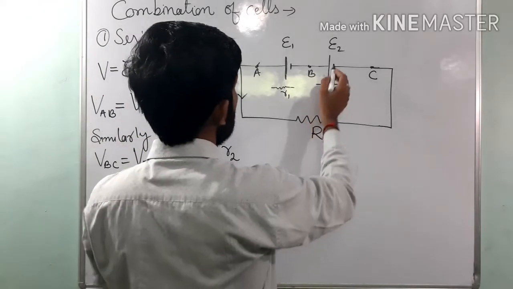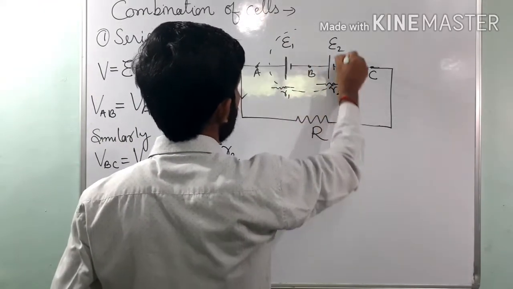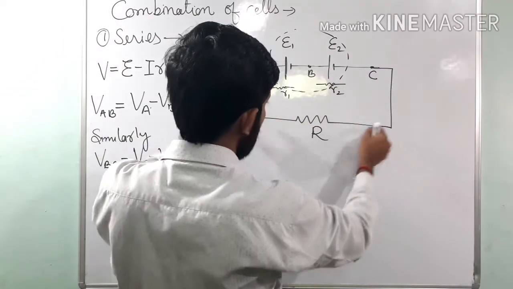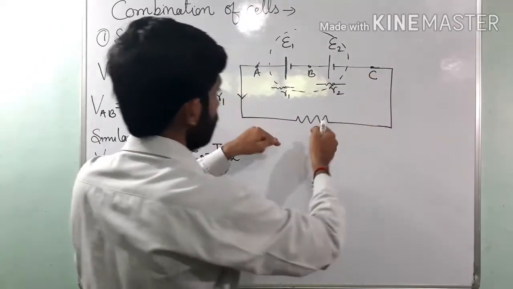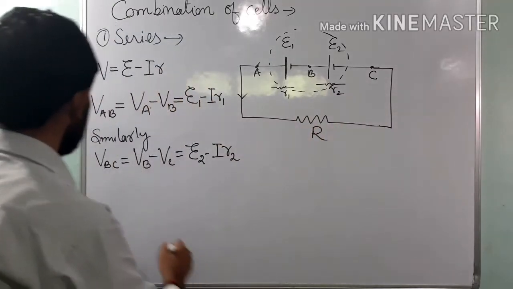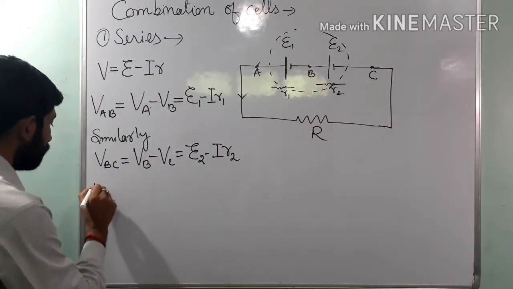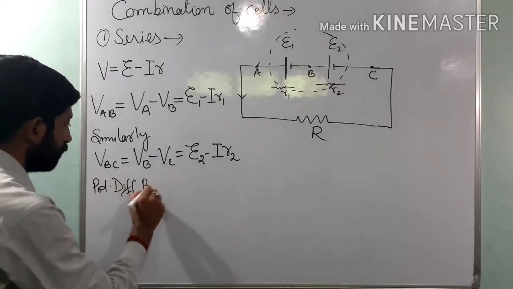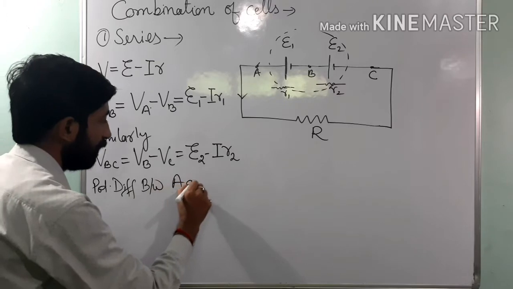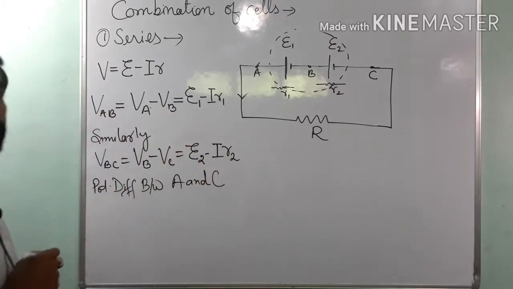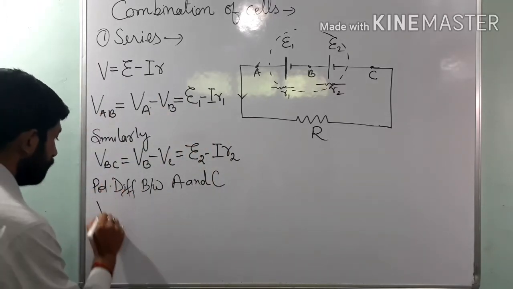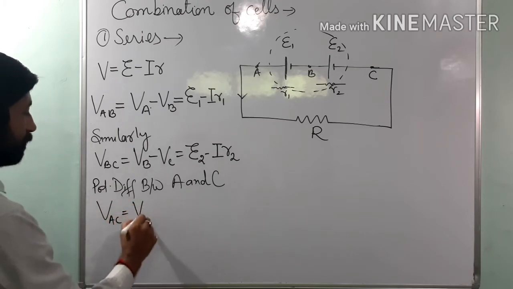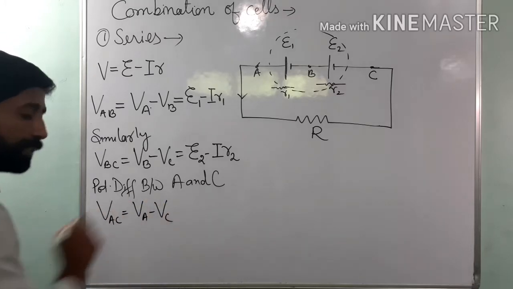Now this is a cell combination, and finally A and C are connected to this resistance. So the potential difference between A and C, VAC, equals VA minus VC.